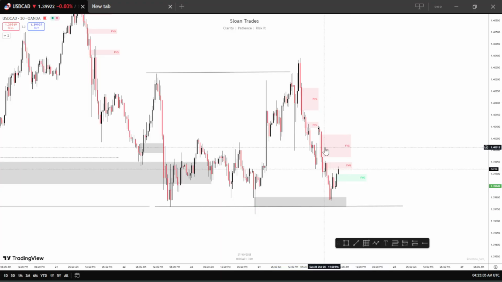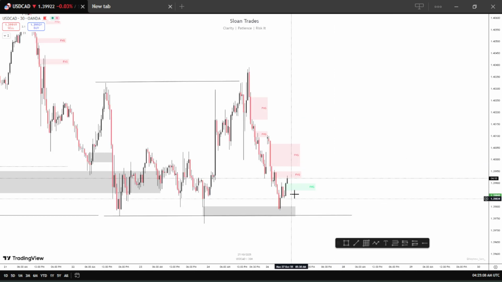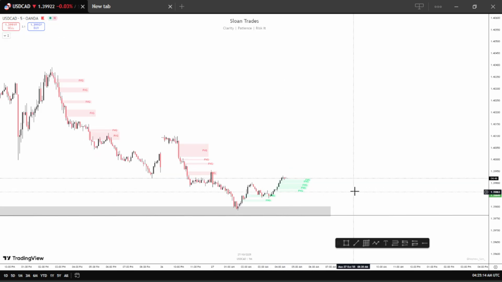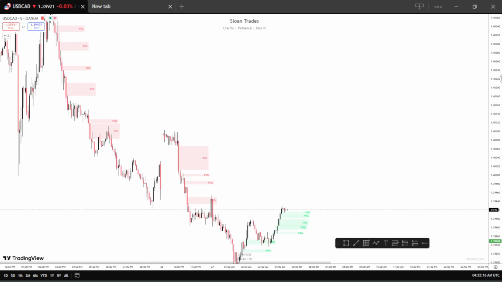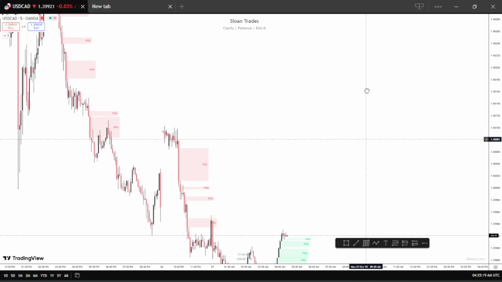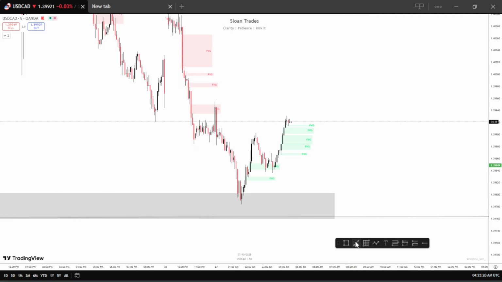And then a continuation. Okay, this continuation now, basically what I'm going to be looking at is, on a much lower time frame, let's say the 5 minute time frame, it has already broken structure in the 5 minutes. Yeah, it has broken structure here.